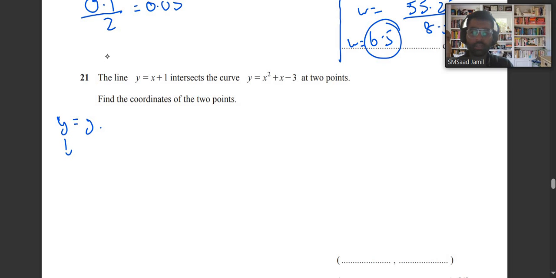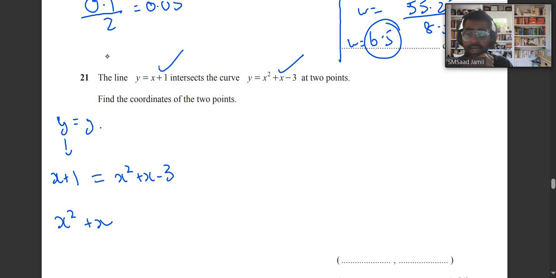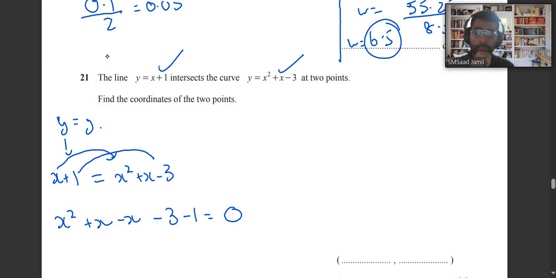So one value of y, x plus 1, is equal to the other value of y, x square plus x minus 3. So x square plus x, you will bring that x over here, so it will become minus x minus 3, and you will bring this plus 1 over here, it will become minus 1 equals 0. Cancel. x square minus 4 is equal to 0.